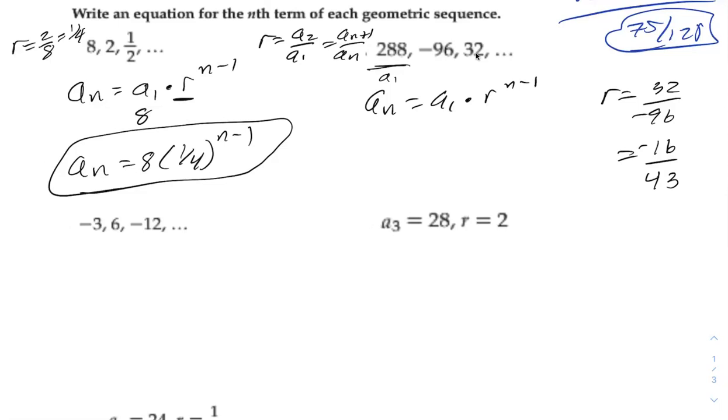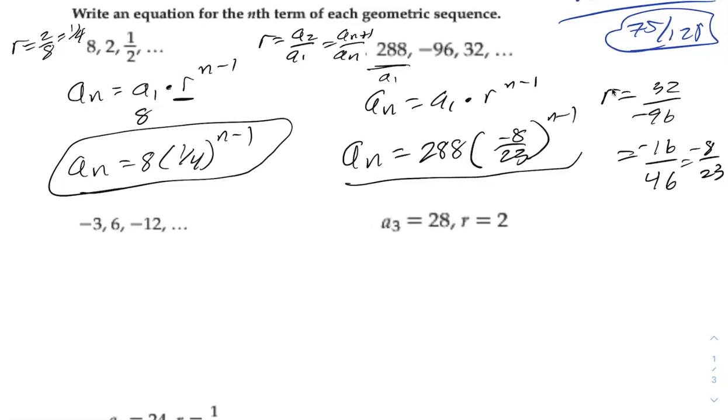Not 43, 46. Yeah, 46. I can divide by 2 again, and I get negative 8 over 23. That's probably as low as it goes. Negative 8 over 23. So my formula is going to be an equals 288 times negative 8 over 23 to the n minus 1. There's my answer.